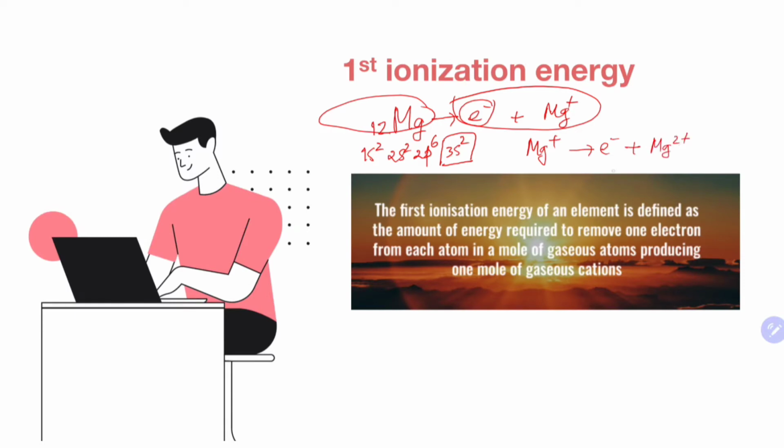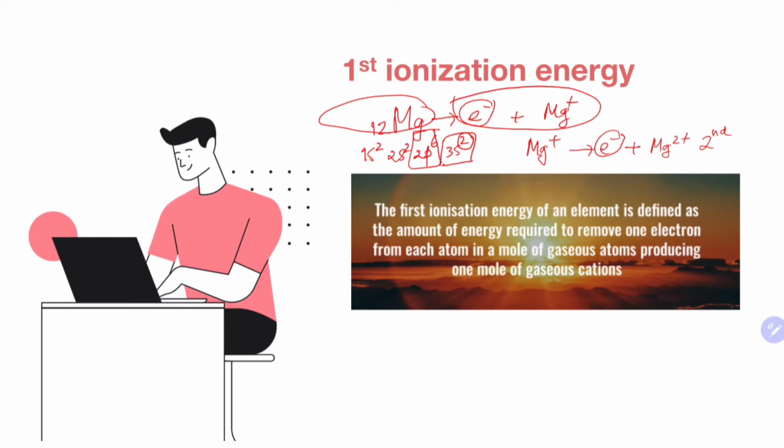In this case, the electron released this time is the second one, so the energy needed is the second ionization energy. If the atom wants to release one more electron from here, then it becomes the third. So the energy is the third ionization energy.